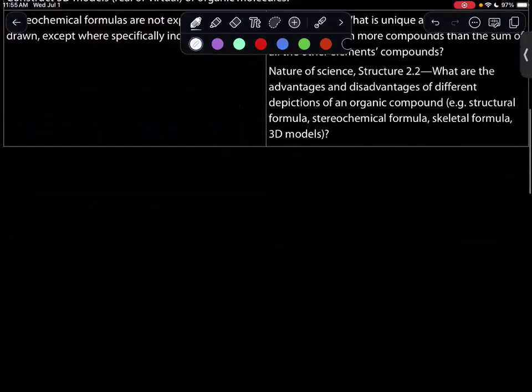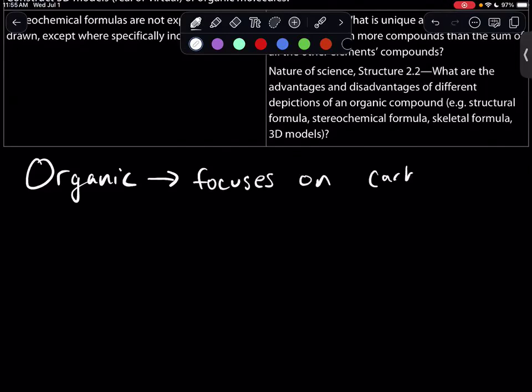So with that out of the way, what is organic chemistry? People often think of organic as pesticide free, and we think about that in terms of food. But when we're talking about chemistry, organic is the branch of chemistry that focuses on carbon molecules.